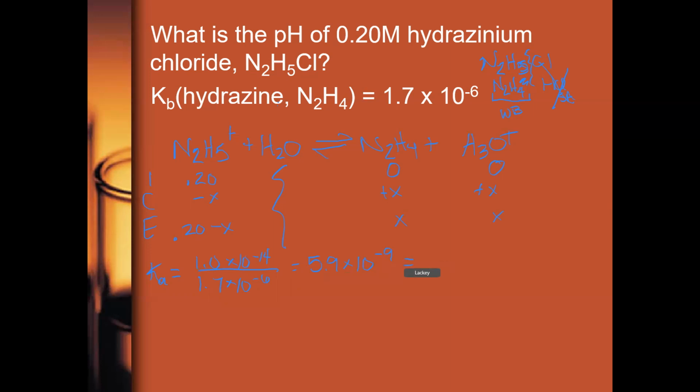And that, remember, is equal to our products, so x times x, and we can ignore x for our reactant, so divide by the 0.20. And we get that x is equal to 3.4 times 10 to the negative 5th molar. And that is our hydronium concentration, or our H plus concentration. So since we have H plus, we can plug straight into pH.